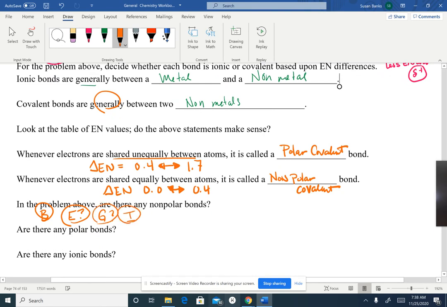Okay, so those are the nonpolar bonds. Let's look for the polar bonds. Now, before we even look for the polar bonds, I can put E and G there because they are both right on that edge. Some people would consider them nonpolar. Some chemists would consider them polar. It's kind of a sliding scale. It's up for interpretation.